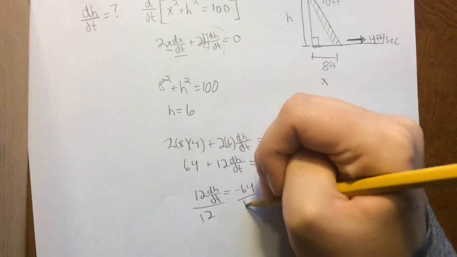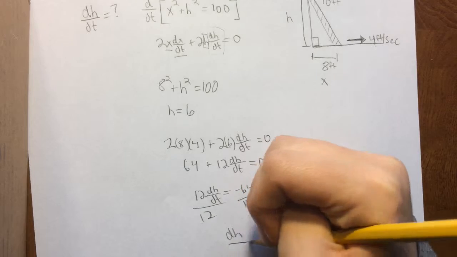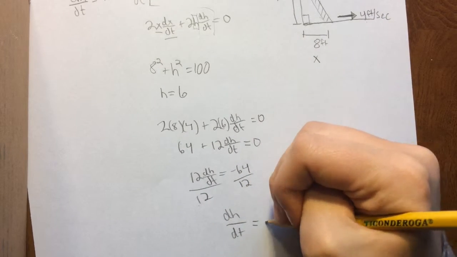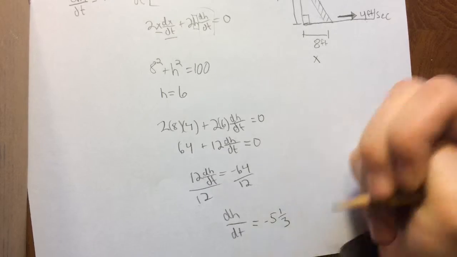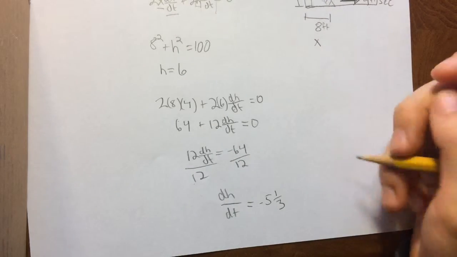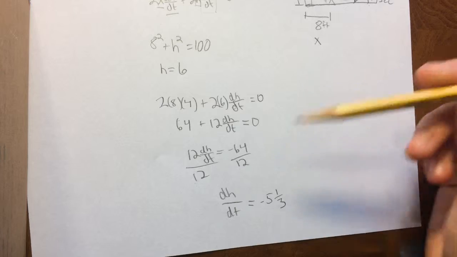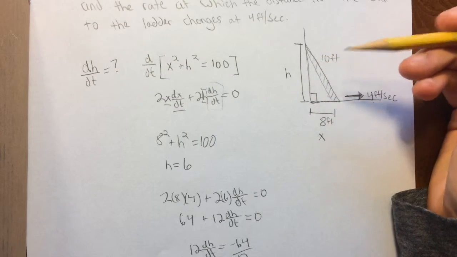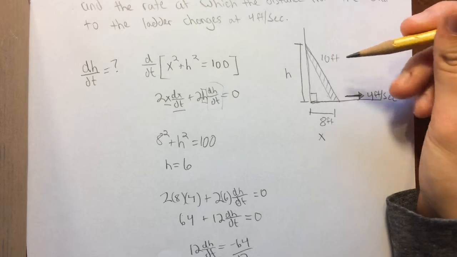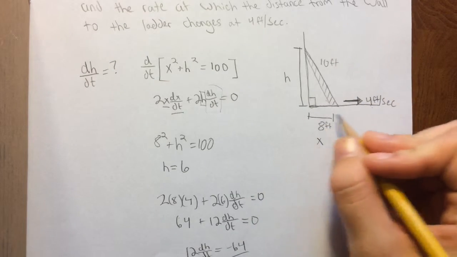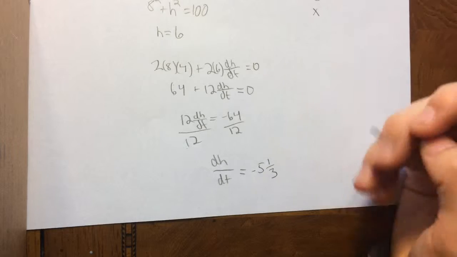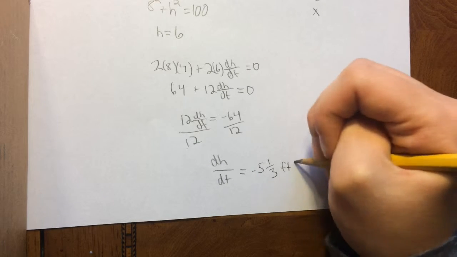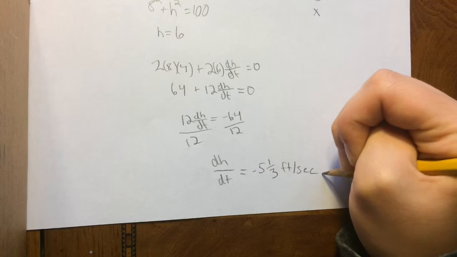Dividing both sides by 12, the derivative of h with respect to time equals negative 5 1/3. This means the height of the ladder is decreasing by 5 1/3 feet per second when the ladder is 8 feet from the wall. So our answer is negative 5 1/3 feet per second.